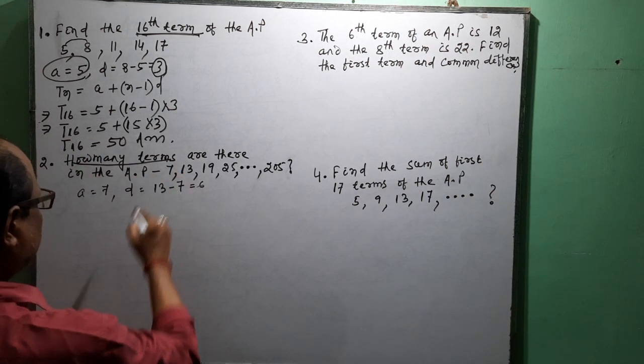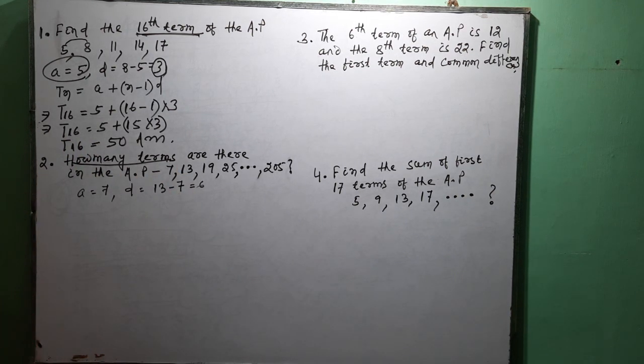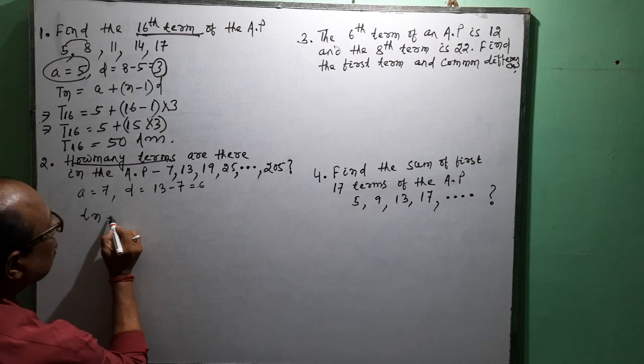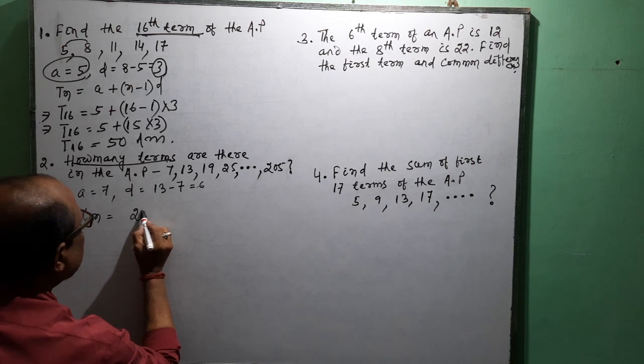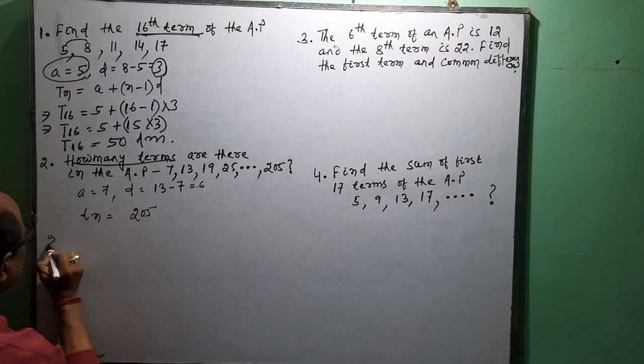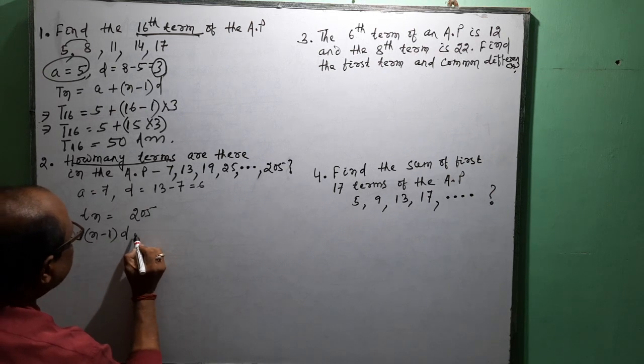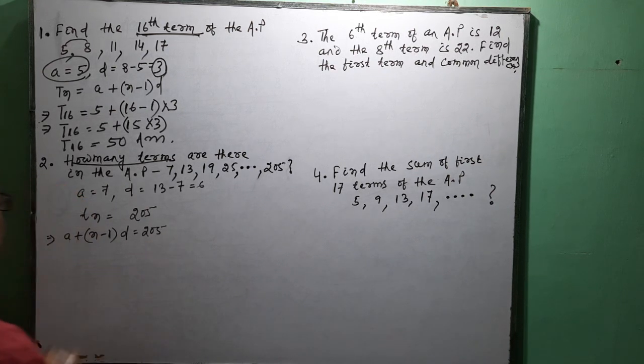How many terms? It means we have to find n. Tn is equal to 205.